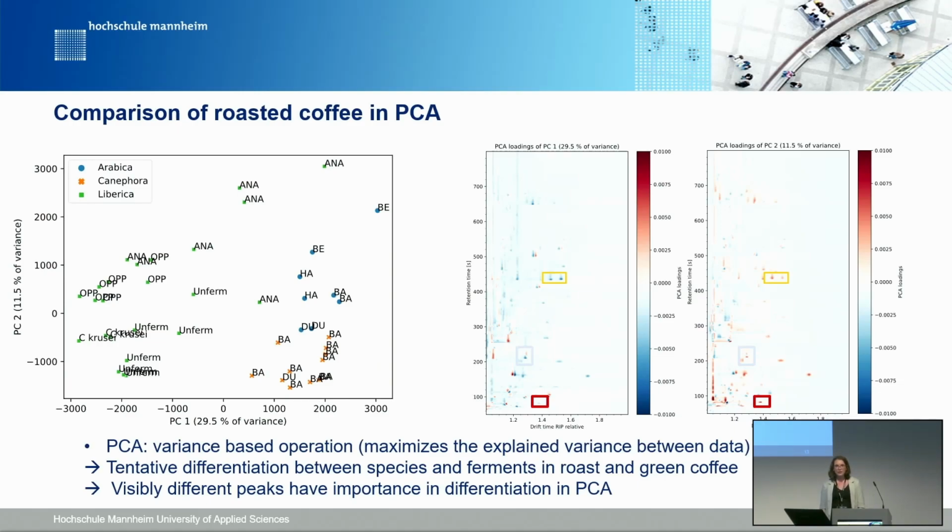Now I did a PCA to just see whether the differences are large enough, although if they are visible, they are most probably large enough to really separate those three species with this screening technique.